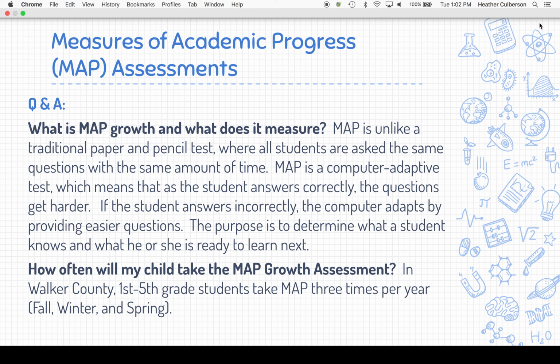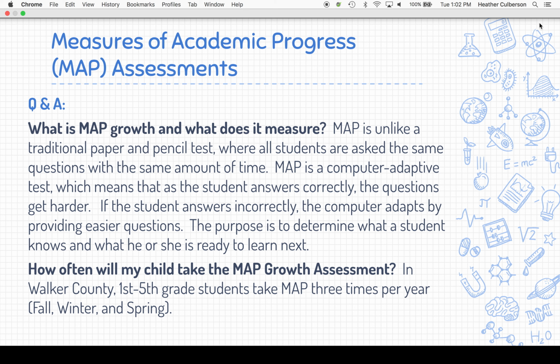So the longer it takes them to take the test, that's an indication that they are just really doing a good job in the test. So let them know if they're worried about not finishing as early as the others, it's a sign that they are doing really well. If the student answers incorrectly, the computer adapts by providing easier questions. And the purpose is to determine what a student knows and what he or she is ready to learn next.